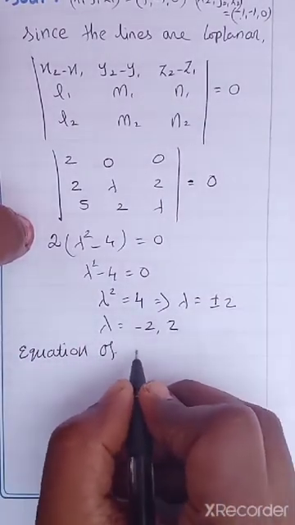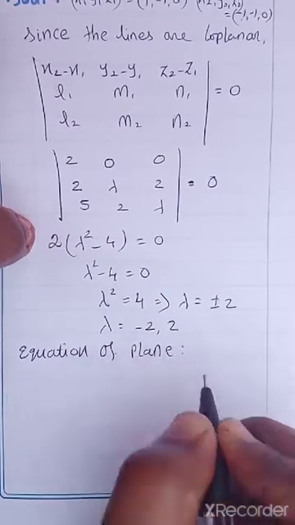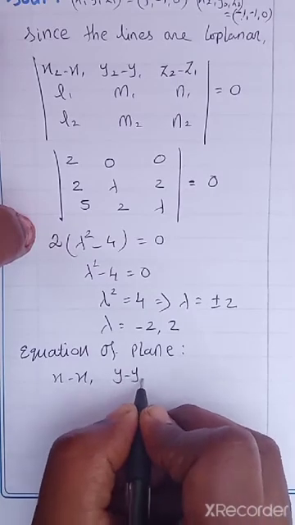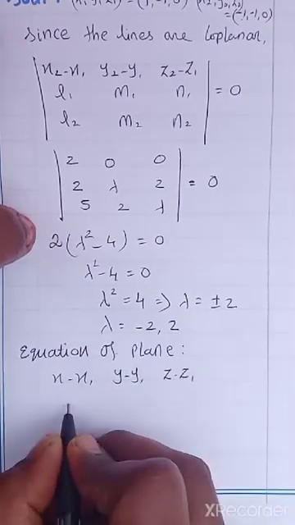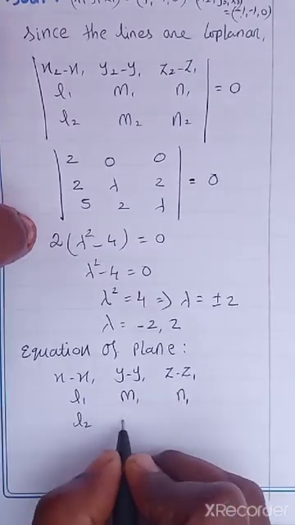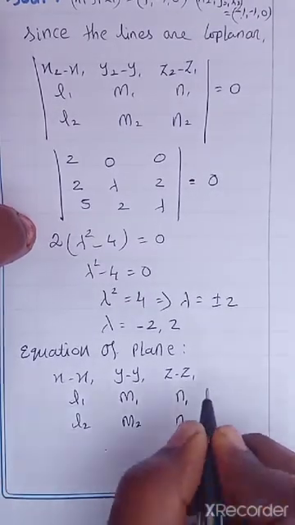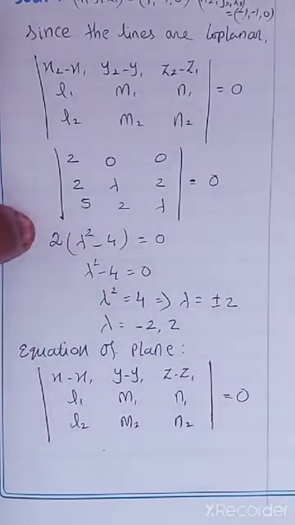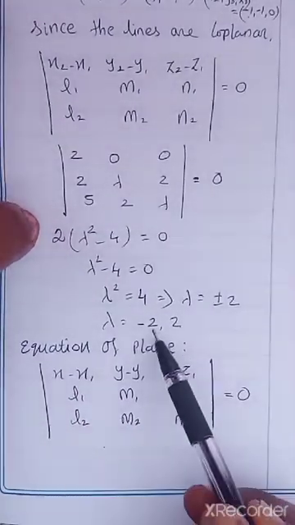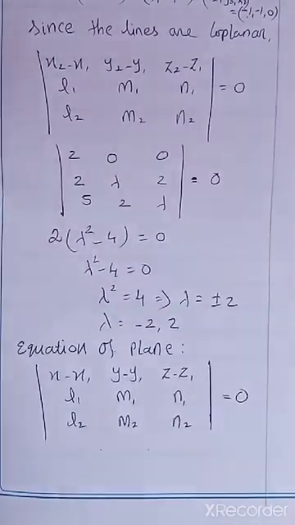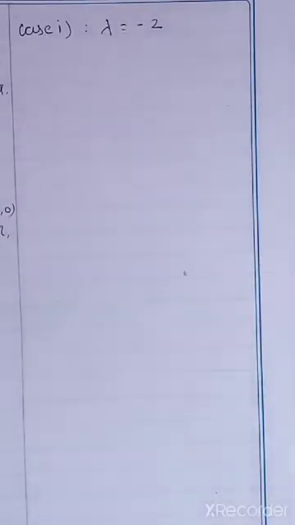Equation of plane. So what is the equation of plane formula? It is the determinant with x minus x1, y minus y1, z minus z1, then l1, m1, n1, and l2, m2, n2, which is equal to 0. Okay, so in the first case we take lambda equal to minus 2.